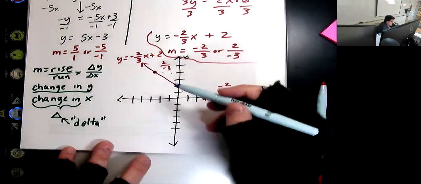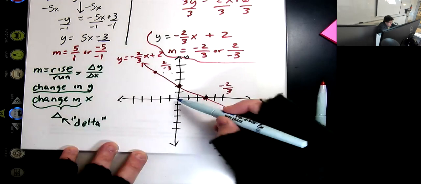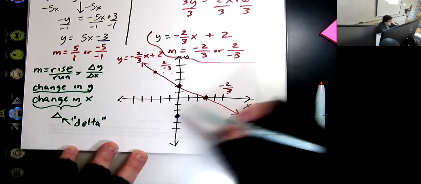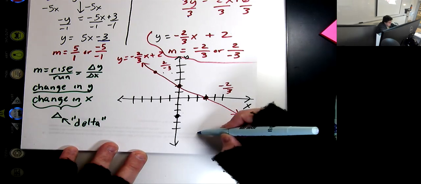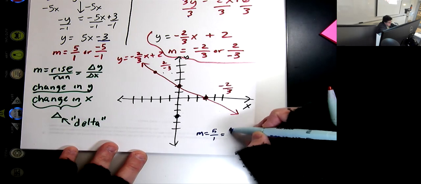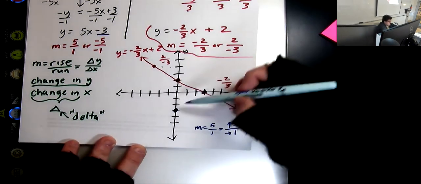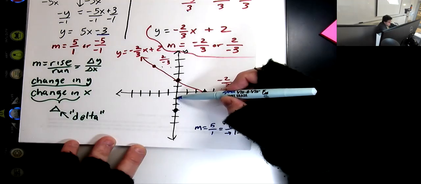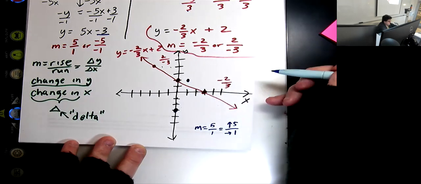For y equals 5x minus 3, I look at this last value and it tells me where I cross the y-axis. I cross at negative 3, which is down 3. And then I've got m equals 5/1, which means go up 5 and right 1. So up 5 is 1, 2, 3, 4, 5, and then right 1 puts me there.